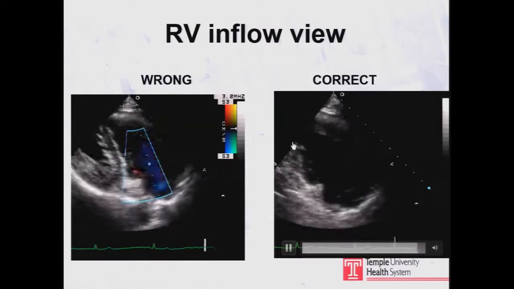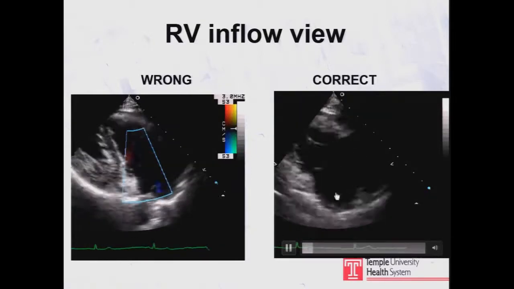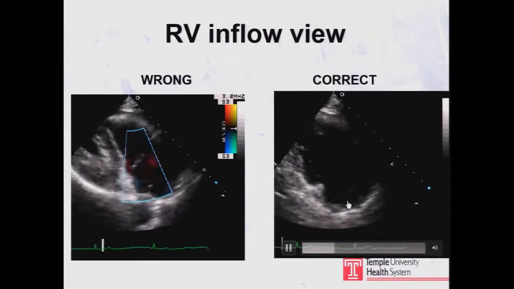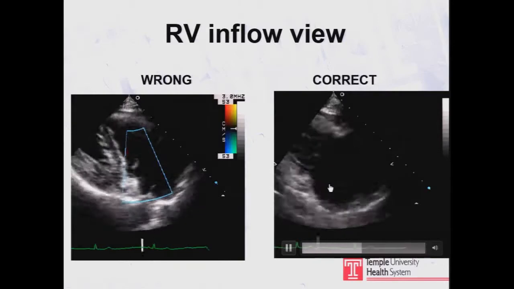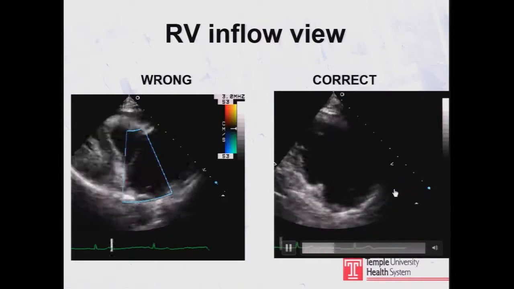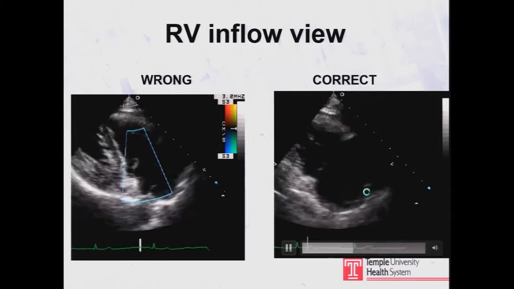And here it is in the same patient, done correctly, requiring rotation. As we can see here, this is the inferior vena cava. This is the os of the coronary sinus, and you cannot see the superior vena cava os from the RV inflow view because you're pointing down and not up.